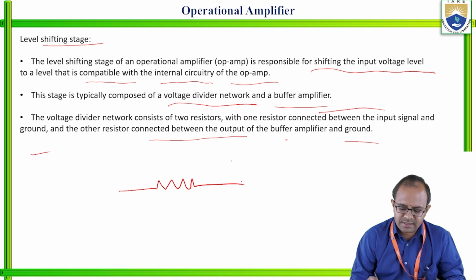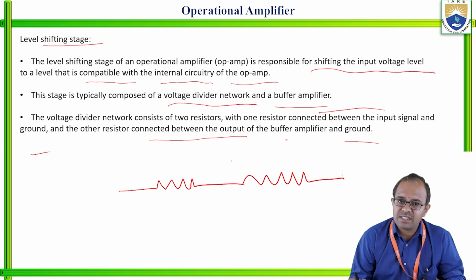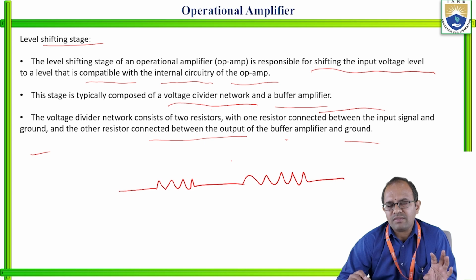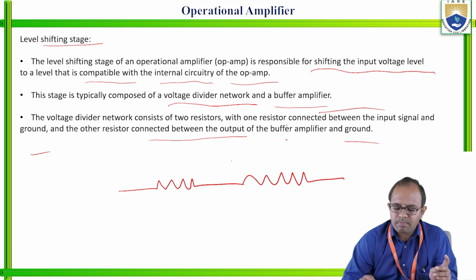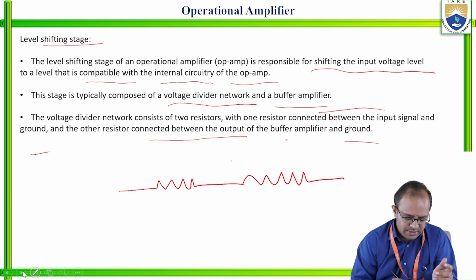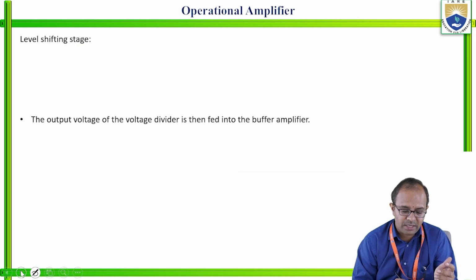So do remember, a voltage divider circuit generally consists of resistors, and here this circuit consists of two resistors. One is connected between the input signal and ground. The other resistor is connected to the buffer as well as the ground. So this is about the intermediate stage, the level shifting stage.